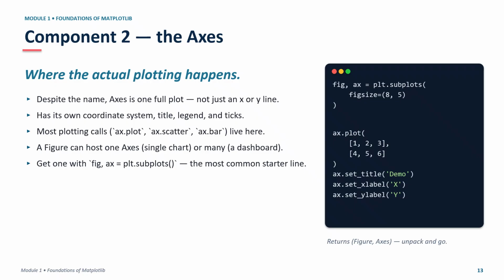To set the title, you can give ax.set_title(). For the axis labels, ax.set_xlabel() for x, and ax.set_ylabel() for y.